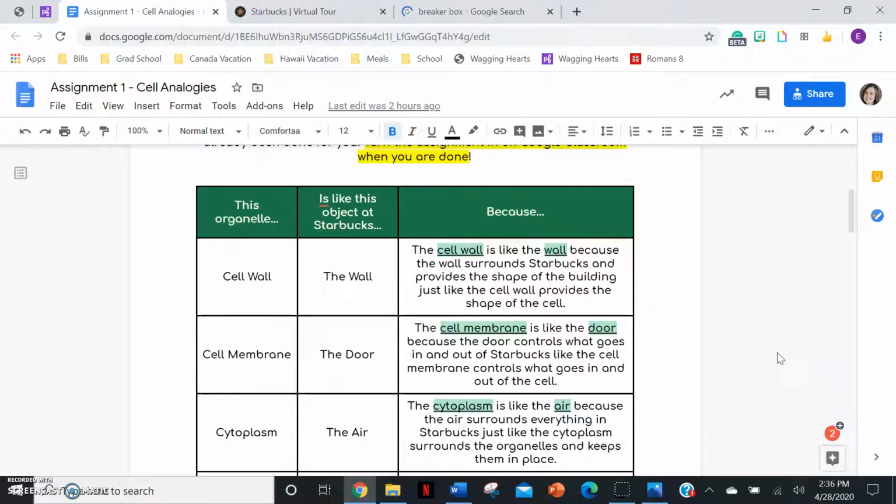Now, the first one says the cell organelle is like the wall. Now, why is the cell wall like the wall at Starbucks? Let's look at my explanation. It says the cell wall is like the wall because the wall surrounds Starbucks and provides the shape of the building, just like the cell wall provides the shape of the cell.